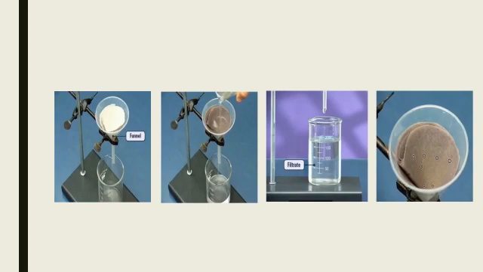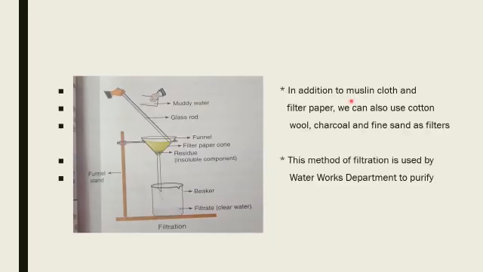Residue, right? And in your book, the process of filtration has been shown with the help of this diagram. I think now there won't be any problem to understand. Here the mixture of water and mud is allowed to pass through this filter paper. We are pouring this mixture through the glass rod into this funnel, and in this funnel there is the filter paper, right?